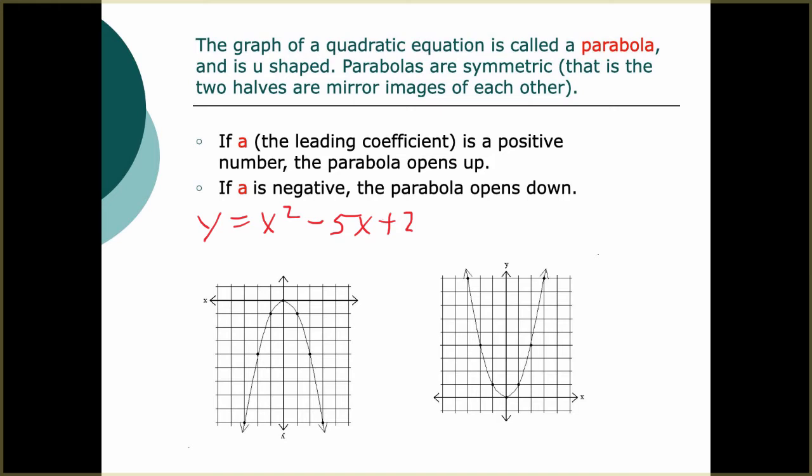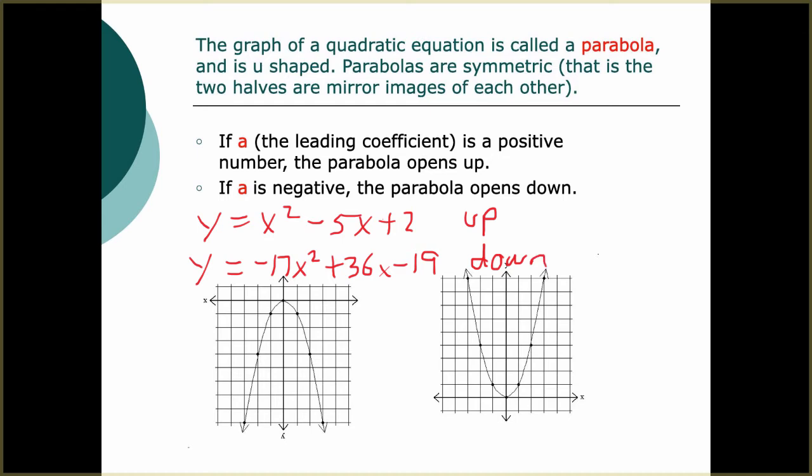Remember that was a positive 1, so this one would open up. The other one we had on the last slide was y equals negative 17x squared plus 36x minus 19. And because we have a negative 17, that one would have opened down if we graphed it.